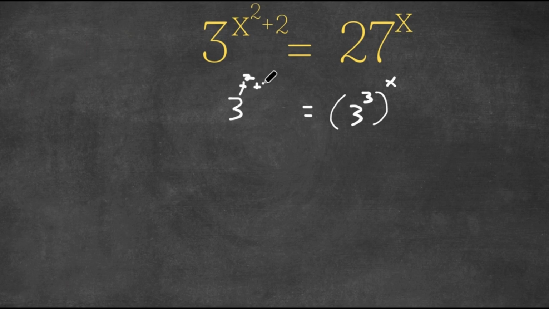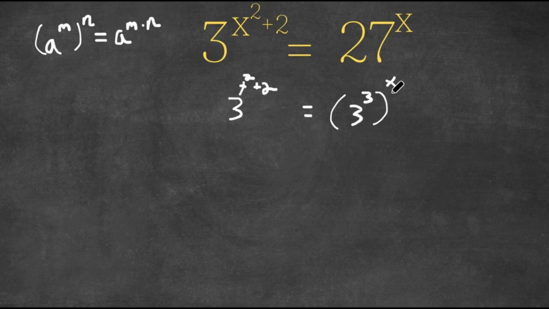plus 2. Now, if we have something in the form a to the power of m to the power of n, this is actually equal to a to the power of m times n. So this is an important property of exponents.